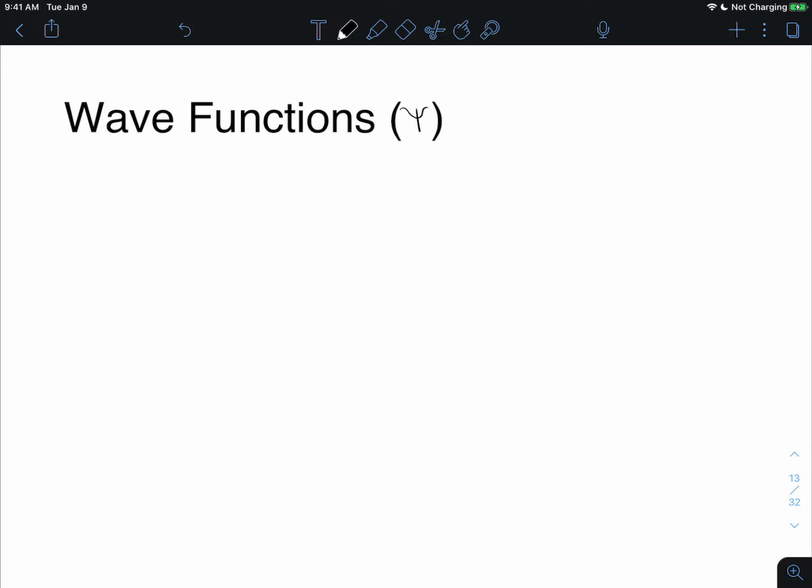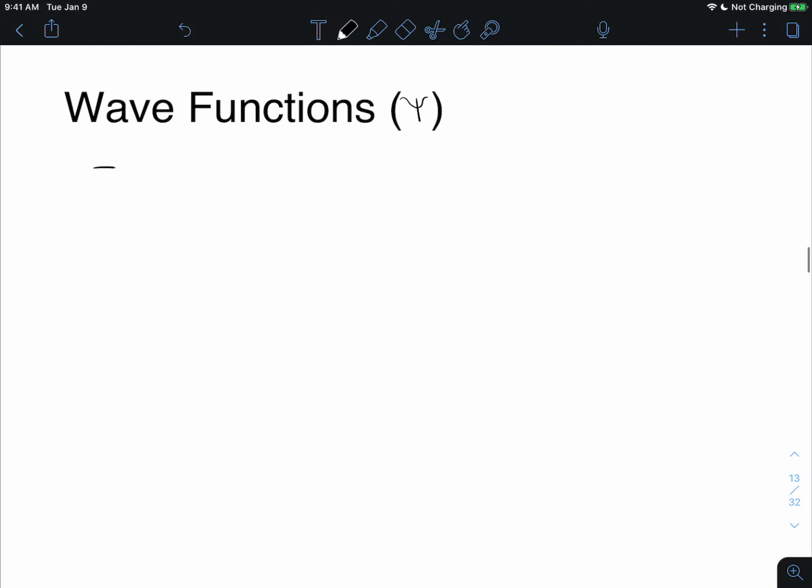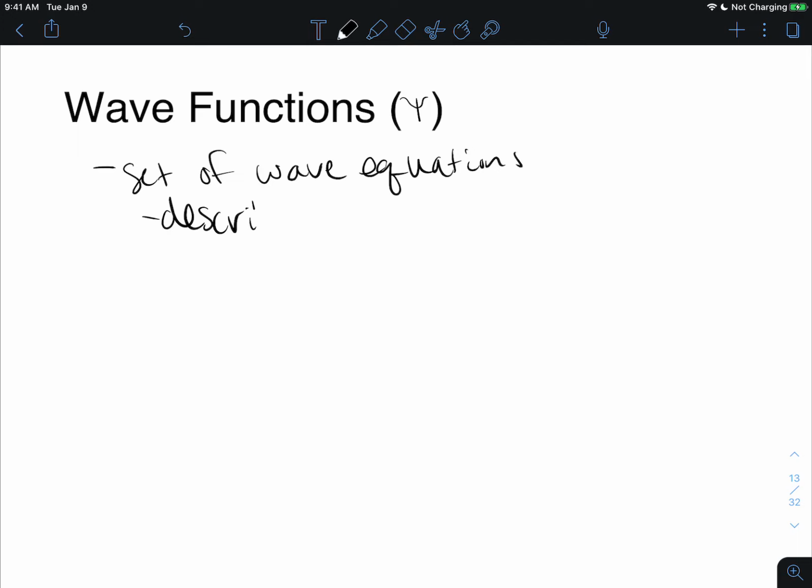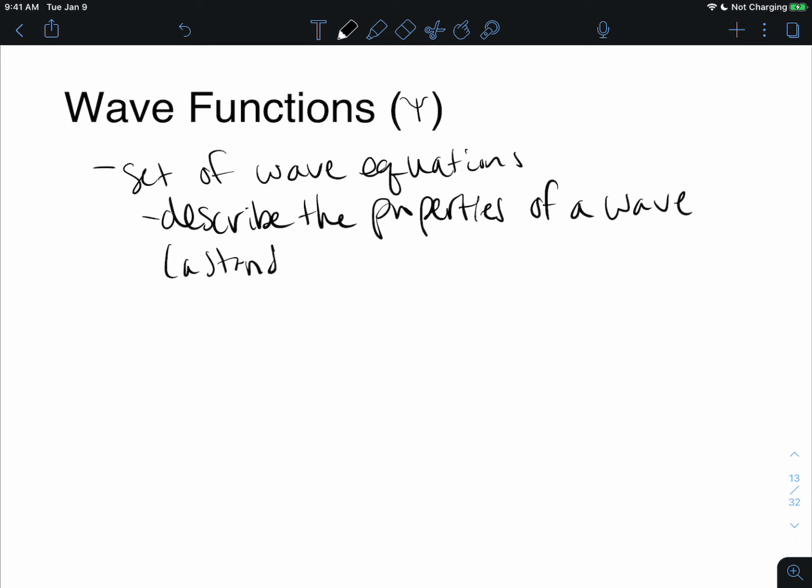So our wave functions are going to be a set of those wave equations, and they're going to describe the properties of a wave, specifically a standing wave, like what we have in an atom.